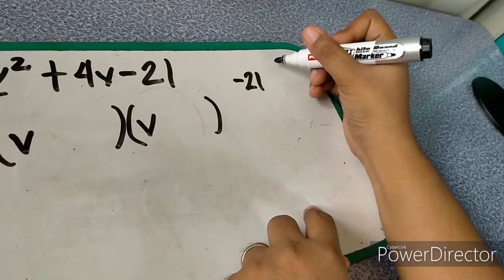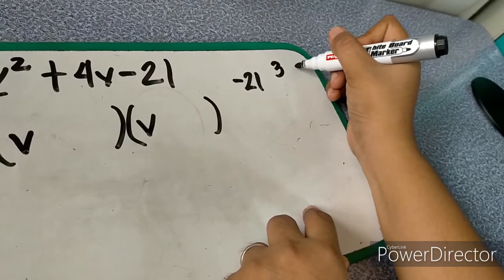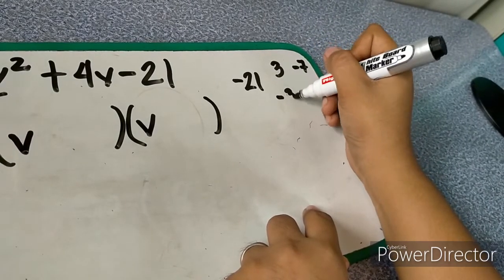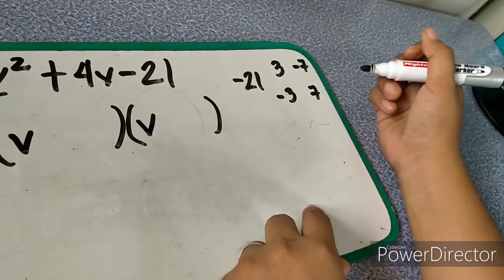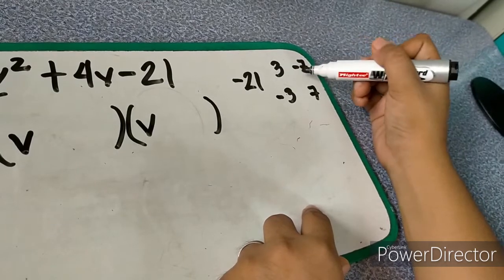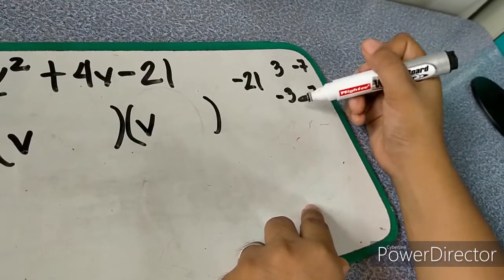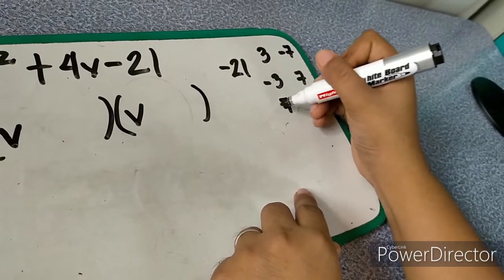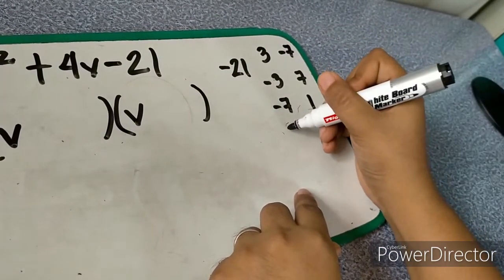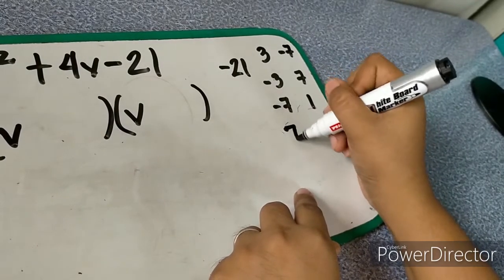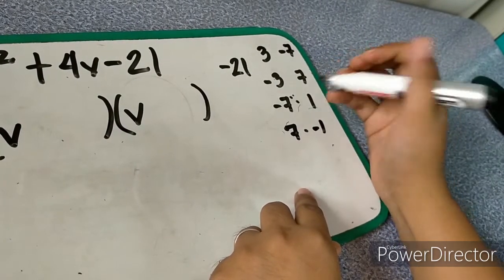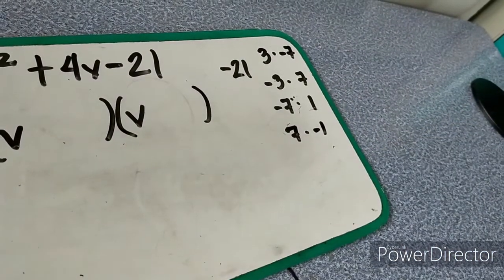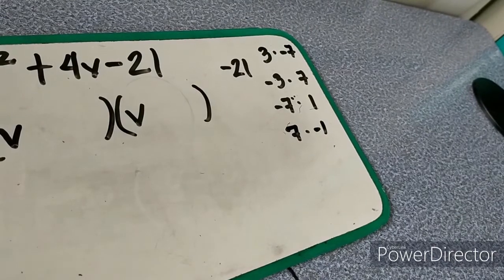It can be positive 3, negative 7, or negative 3 or positive 7. Tama? 3 times negative 7 is negative 21. Negative 3 times 7 is negative 21. Also, it can be negative 7 times 1 or 7 times negative 1.